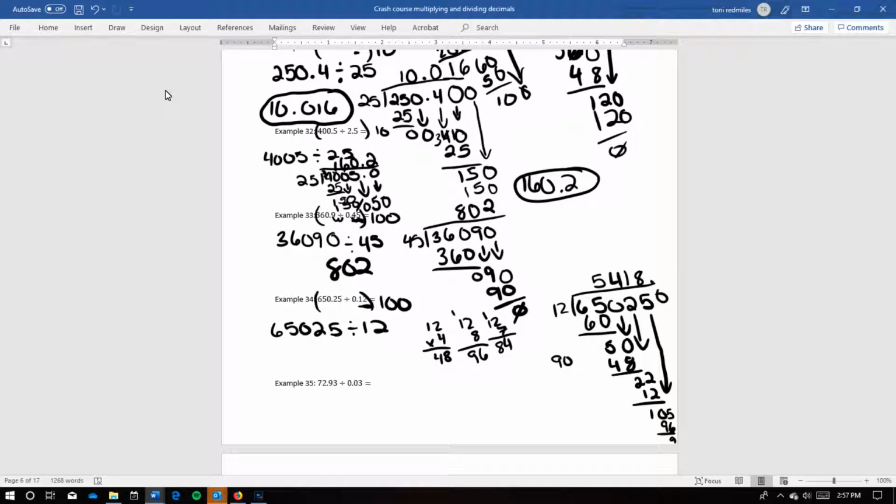So that's going to give me a 7, which makes it 84. I can add another 0 to my number. 12 goes into 60 5 times, and that's an even one. So the answer is going to be 5,418.75.